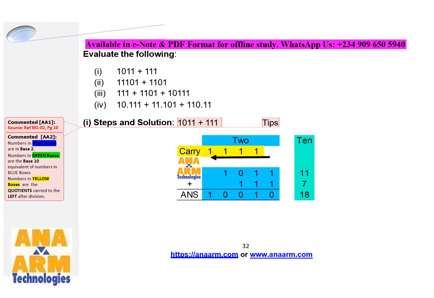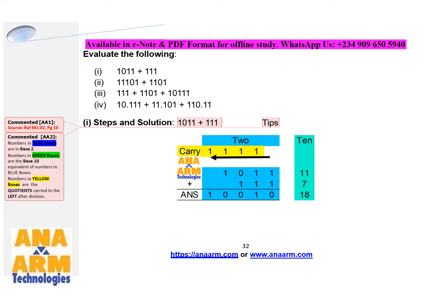So remember our fourth tip that says always put the remainder in the answer box, then carry the quotient to your left. So that is what we are going to apply in this example. So you continue like that, you put down 0, carry 1 to your left.